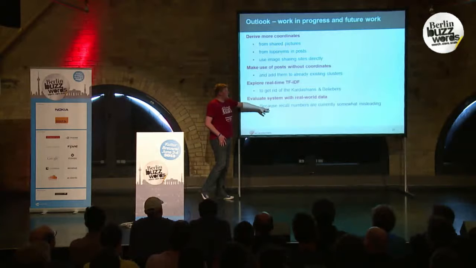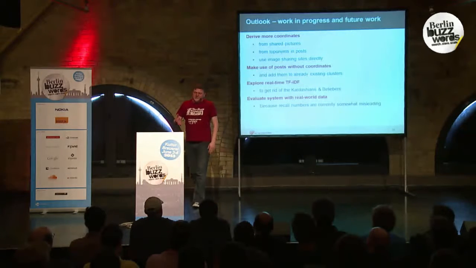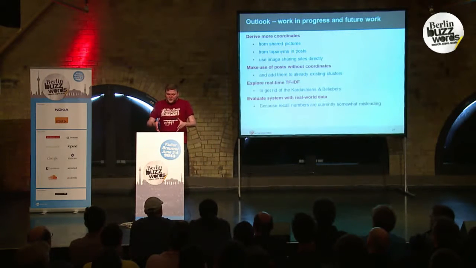And finally, the recall numbers, I mentioned this earlier. If we measure recall here, we can only measure what we actually know. And what we know is the data that comes into the system and is being processed. Once we have a cluster, we can use this as our data and use this for evaluation. But if there's a fire somewhere and nobody takes a picture of this fire, then we'll never know that we have missed it.